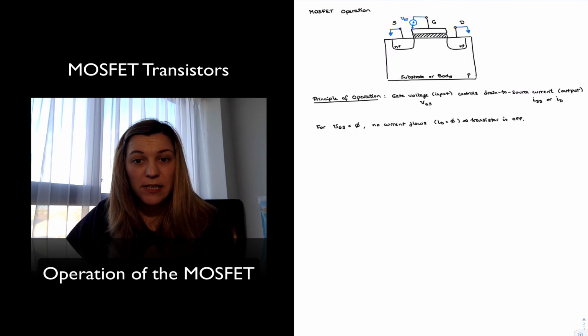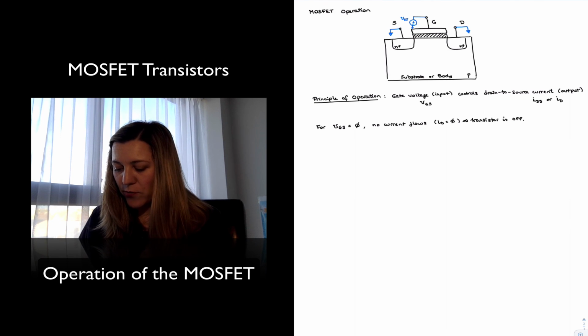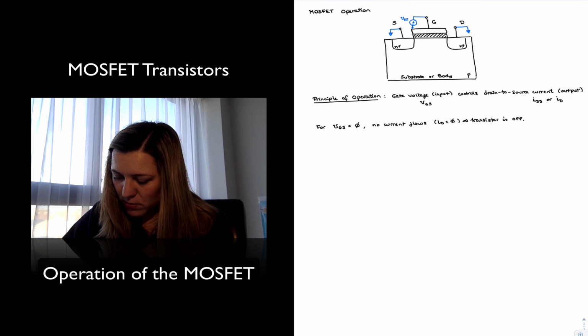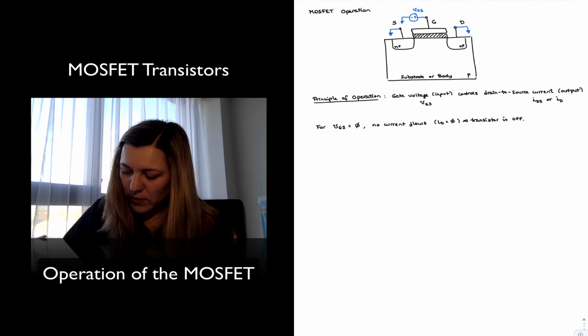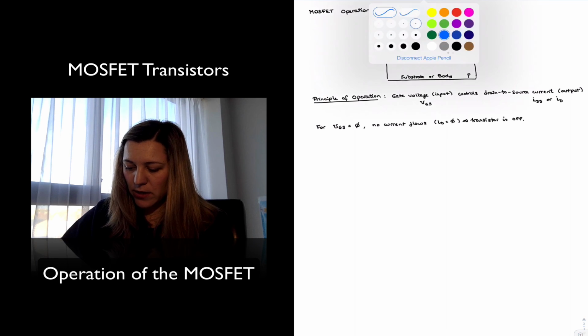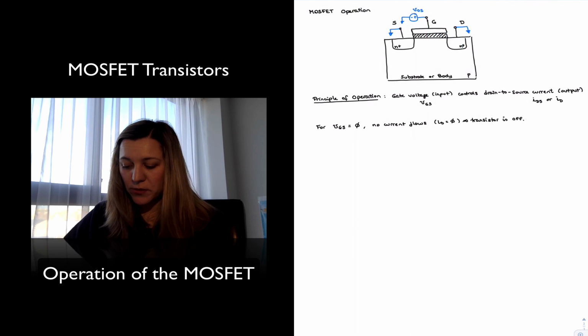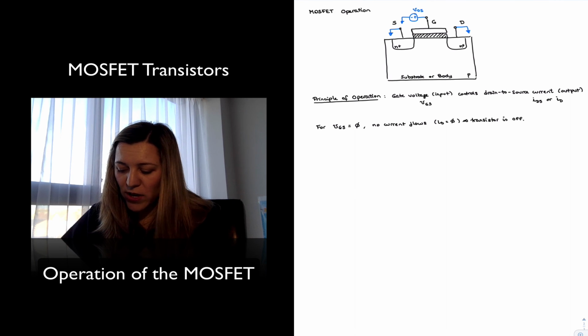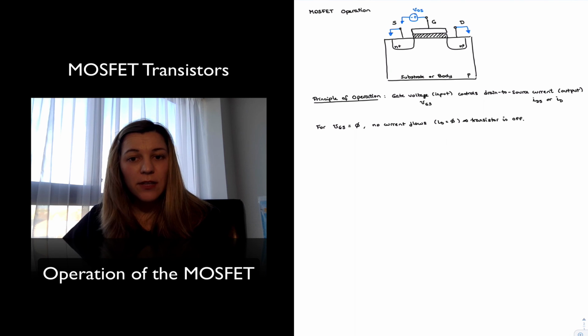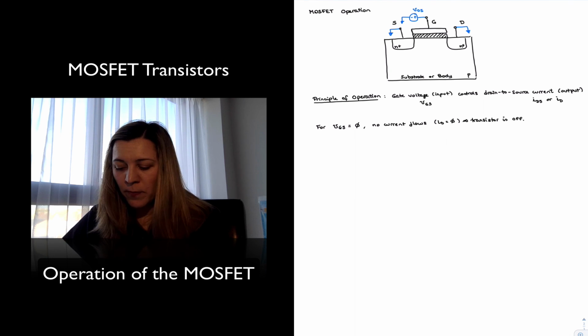My source is just sitting at the ground for now. All right. And now, as VGS increases, we can see there is going to be no current flowing into the gate of the transistor because we have that layer of insulating material.